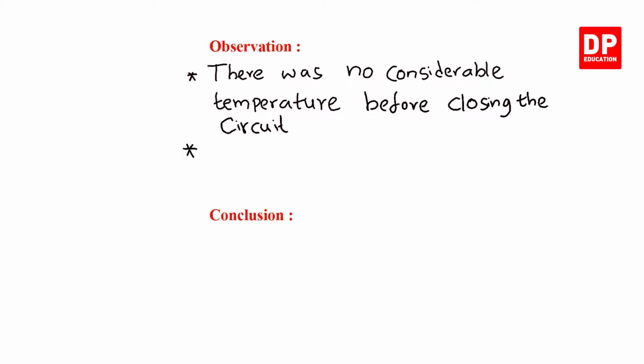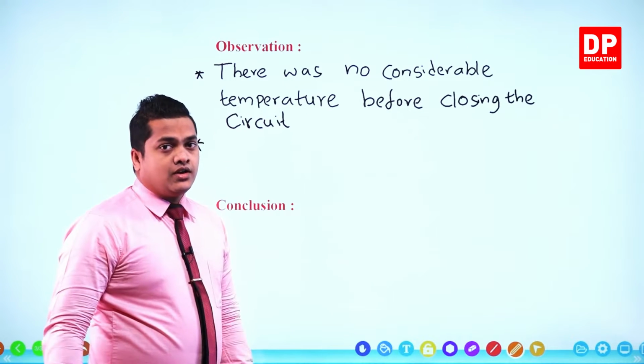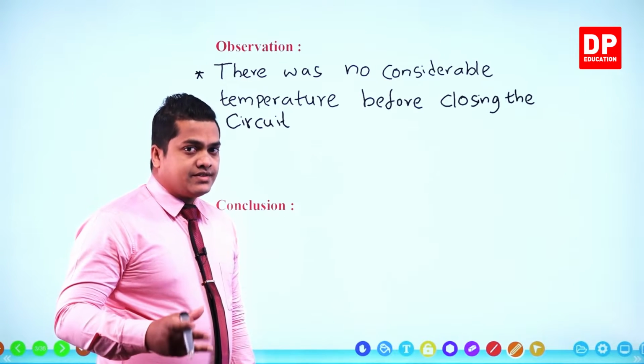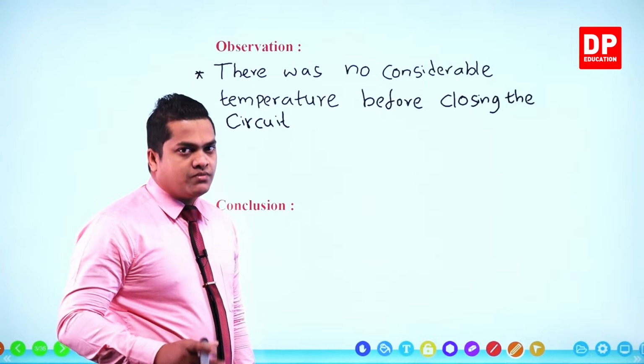Then in the next step we can write, you know that when you are providing electricity to the bulb, after some while it's getting heated. Even we conducted the activity and you could observe that.